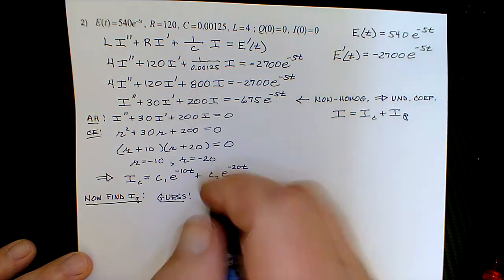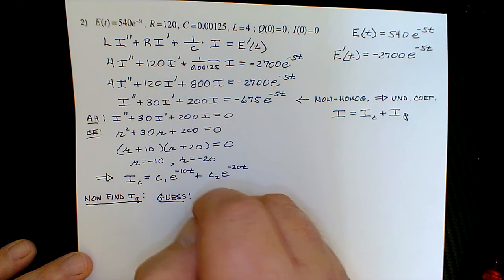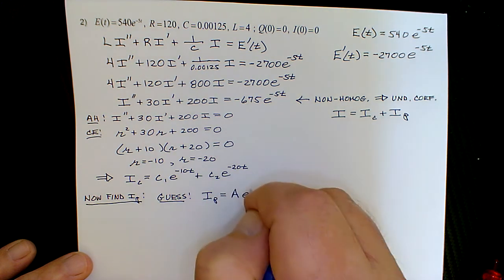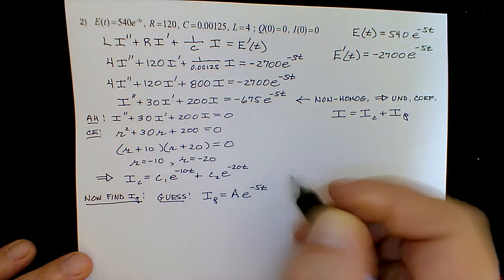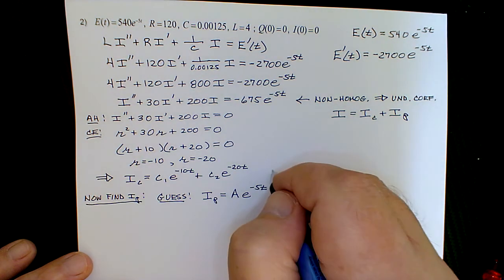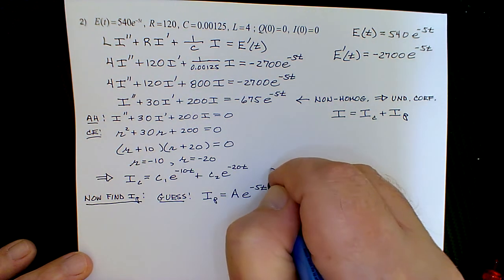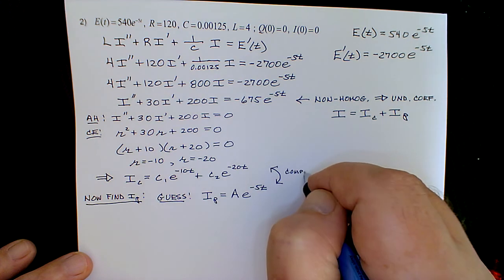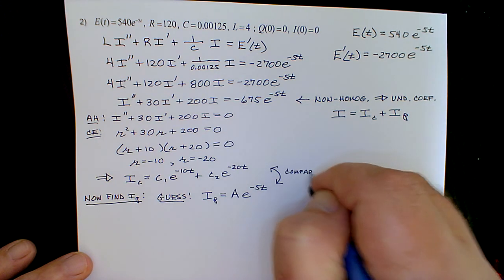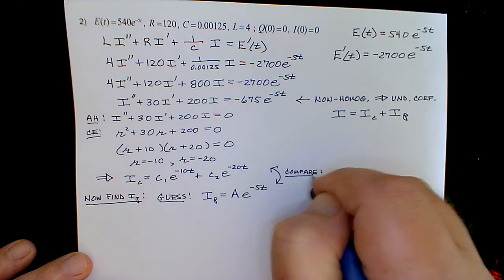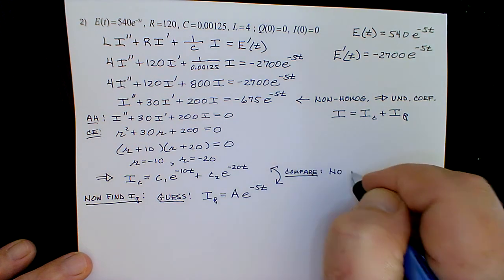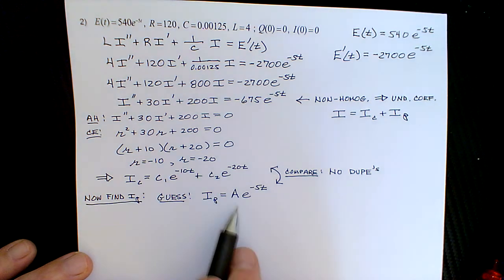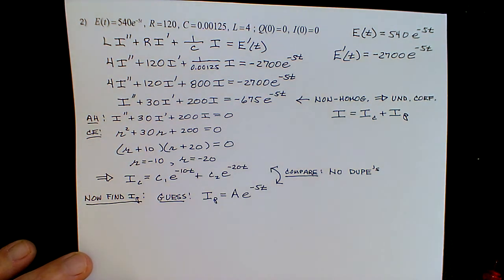So our guess would have to be that I sub p is equal to A e to the negative 5t. And if we compare I sub c and I sub p, remember we had to make sure we don't get any duplications. So there are no duplications. So our guess is going to be valid.